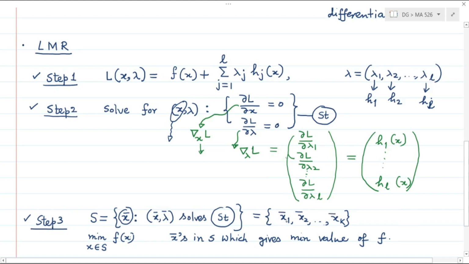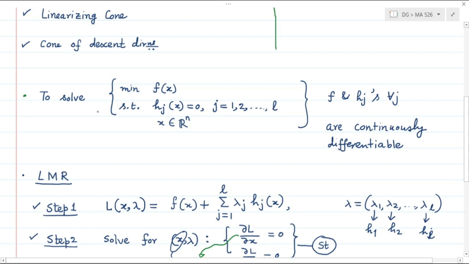These x1, x2, xk are not components of x bar. Here these are k many x bars. So out of these k many x bars, you find the minimum value of the function f. Let's suppose xp bar is giving the minimum value of the function f on the set S. Then you declare this xp bar as the local minimum of the function f subject to the constraints of this problem, subject to the constraints h_j(x) equal to 0.